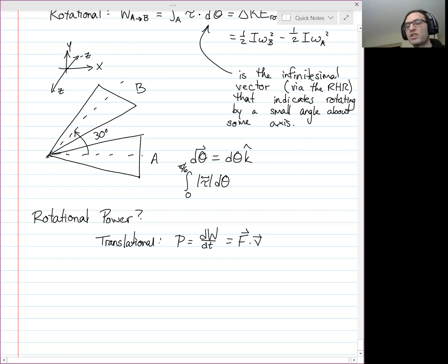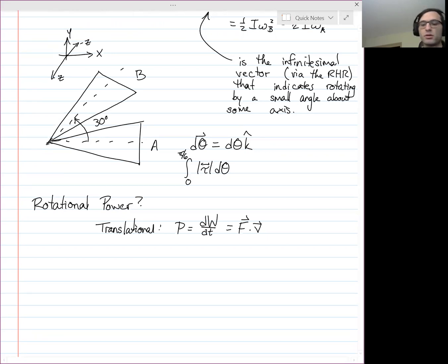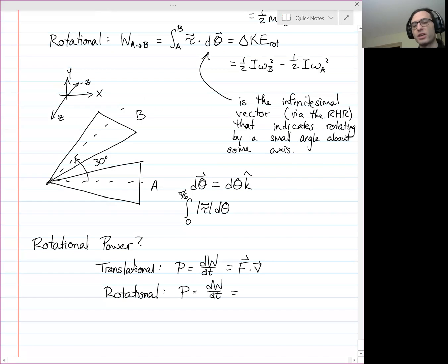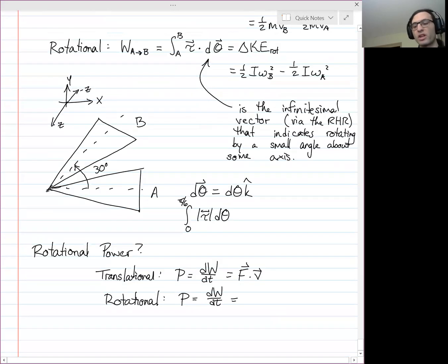Yes, yeah, the k hat is just specifying the axis about which the rotation is occurring. For rotational power, we get that power is still dW dt. It's still the time rate of change of the work, but this time the work is not F dot dl.